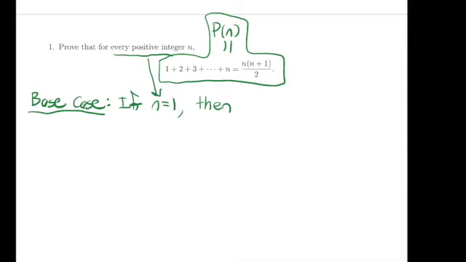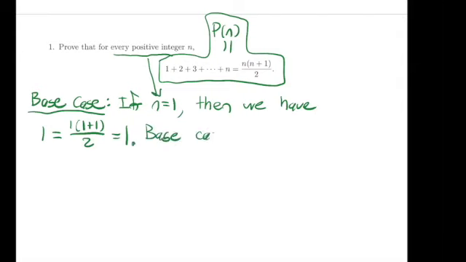So then P of 1 is just the statement. On the left side, I would have 1, and on the right side, I should have 1 times 1 plus 1 over 2. That does equal 1. So that takes care of the base case.